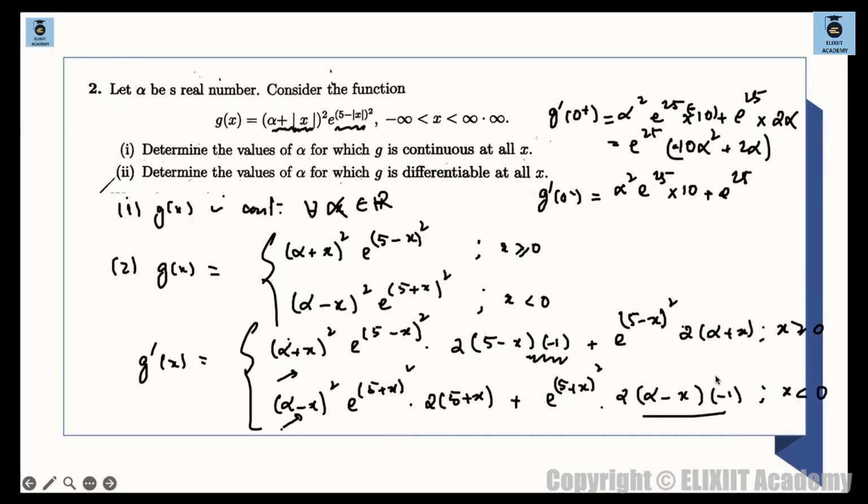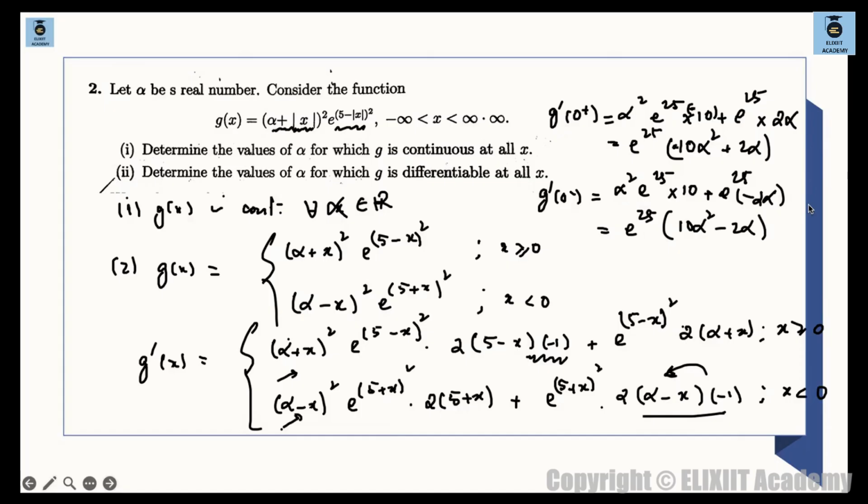Then put x minus alpha, so 0 minus alpha, this will become minus of 2 alpha. So finally, if you take out e raised to the power of 25 common, this is 10 alpha square minus of 2 alpha.